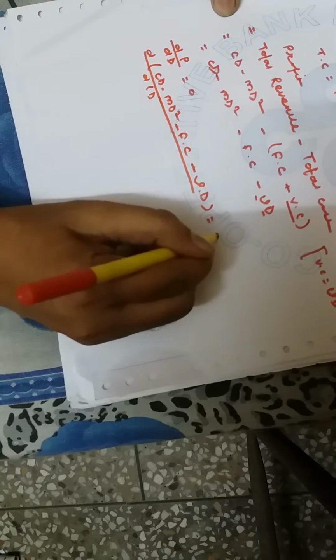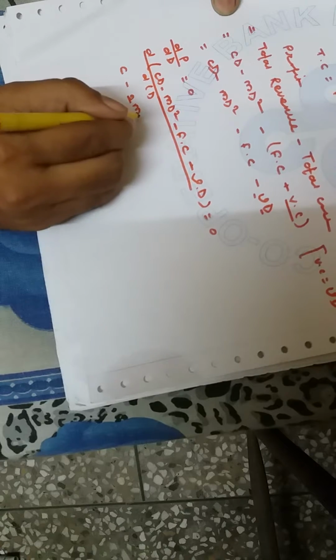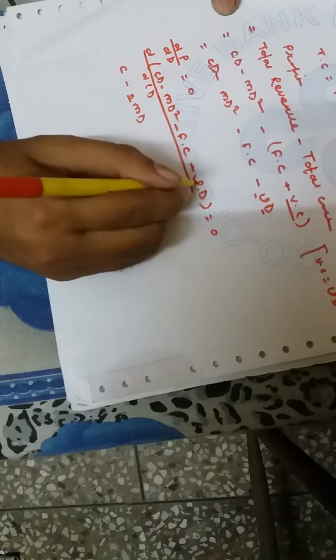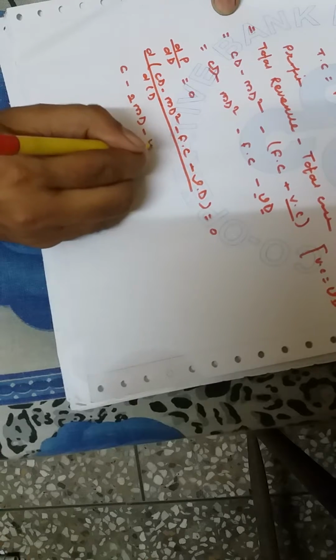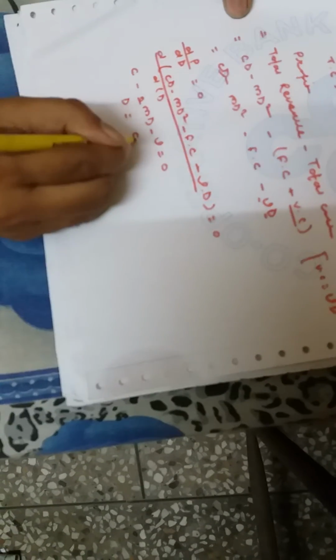Then C minus 2MD, the fixed cost is a constant so it gives 0, and the variable cost gives V, is equal to 0. Now we determine D is equal to (C minus V) by 2M. This demand gives maximum profit, whereas the earlier demand gives maximum revenue.